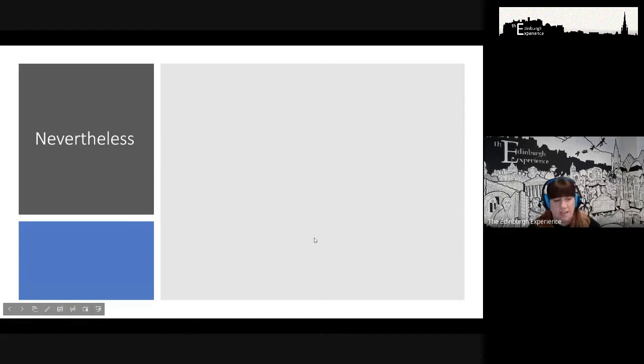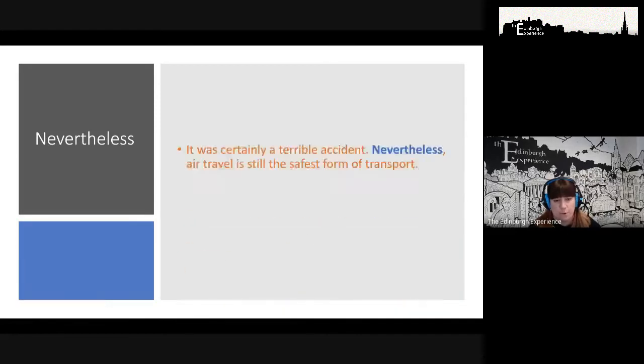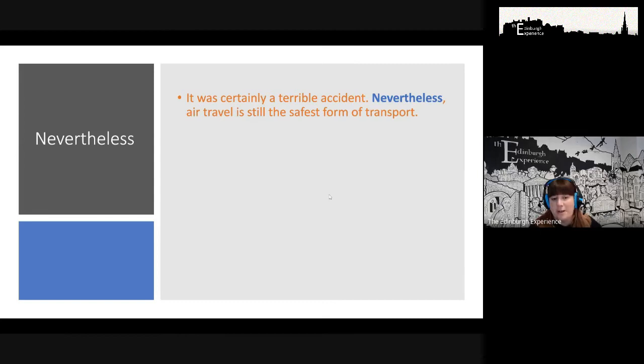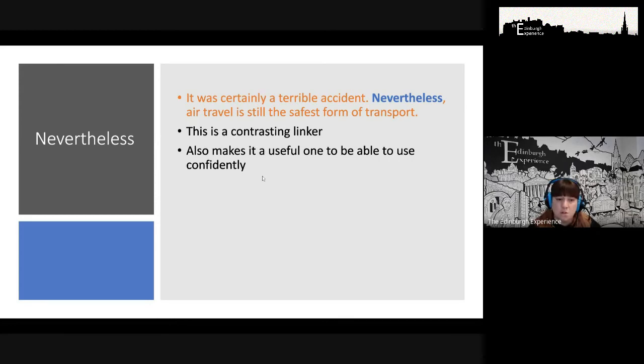Okay, next one, guys, we're looking at is nevertheless. Okay, so it was certainly a terrible accident. Nevertheless, air travel is still the safest form of transport. So nevertheless is a contrasting linker. Yeah, it's also a useful one to be able to use confidently, guys.